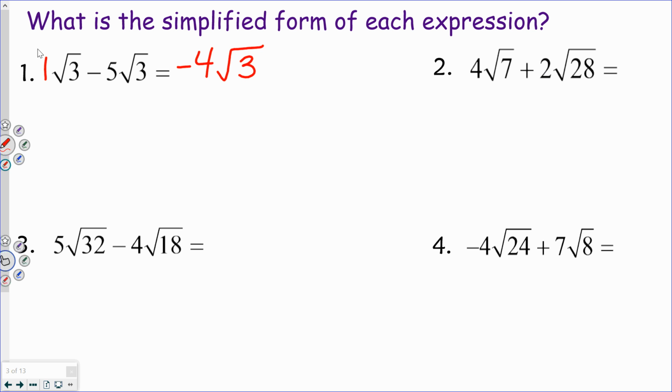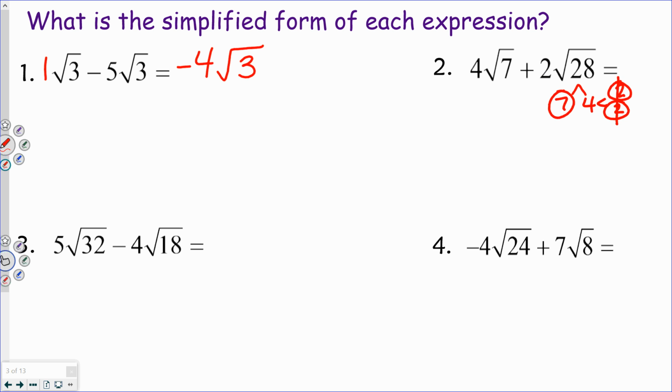All right, number 2, 4 radical 7 plus 2 radical 28. Are those radicals the same? They're not the same the way they sit, but I can simplify that one. That's going to be 7 and 4, 2 and 2. Good.